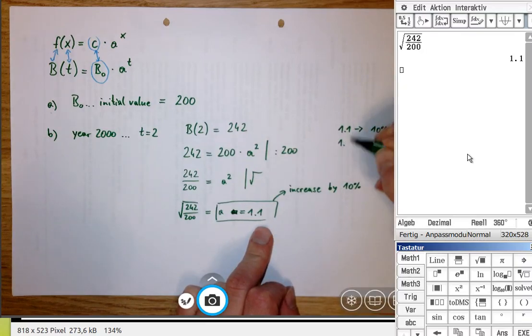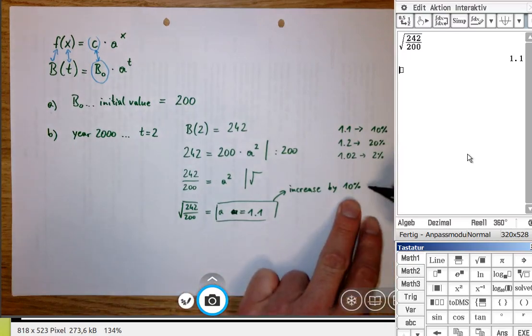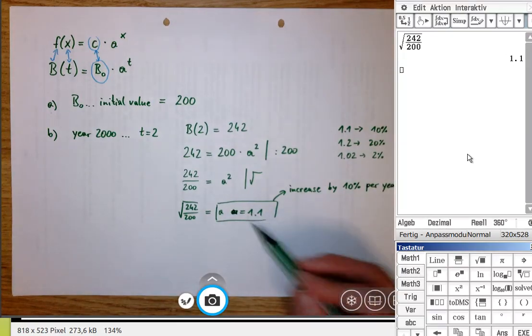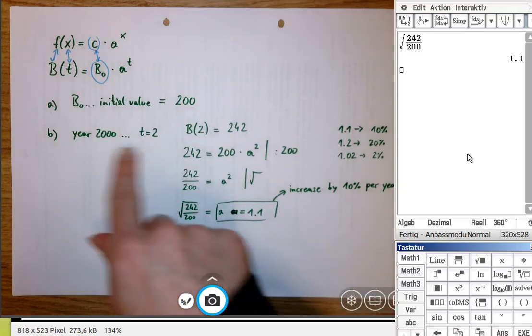If it would be 1.2, it would be 20% increase. If it's 1.02, then it would be only 2% increase, and so on. So it is an increase by 10% per year, because the reproduction factor gives you the reproduction rate per time unit, and our time unit is years.